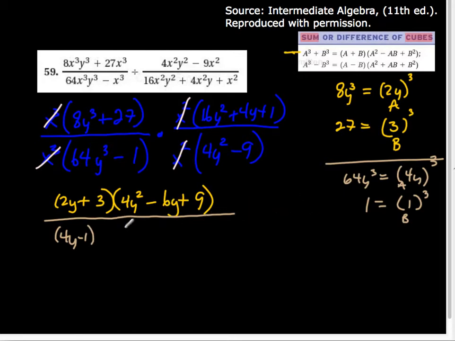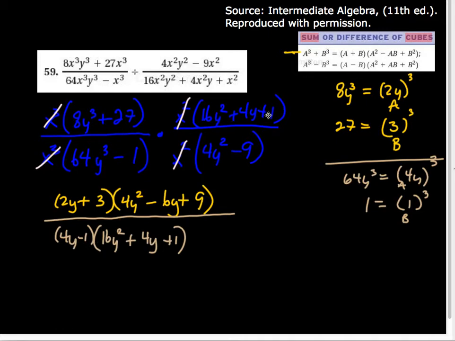And then it's this one, a squared, so it's 4y squared, which would be 16y squared, plus a times b, 4y times 1 is 4y, and then plus b squared. b is 1, so 1 squared is 1. Good. Okay, so I've done this one right there, and I factored this down there.